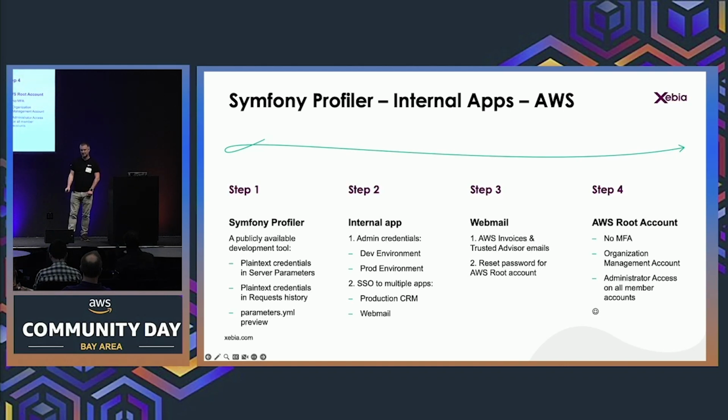With admin access, or root access, to the organization management account, usually you have full access to all accounts in that organization. They were using an organization with all features enabled, and they were not using the Identity Center, so the AWS SSO. So I enabled it for them.